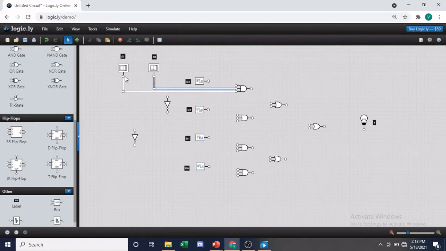And then S1 is directly connected to D2 and S0 is connected through NOT gate. Why? Because S0 is 0 in the second case.